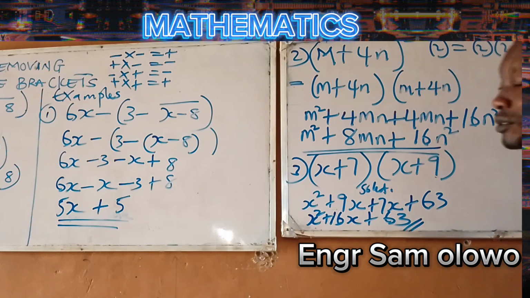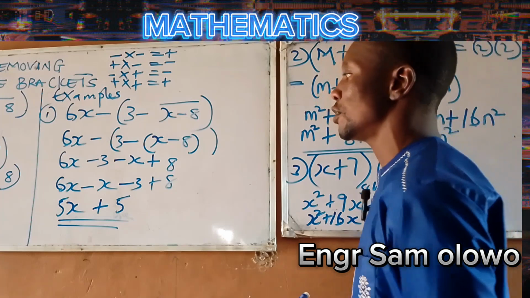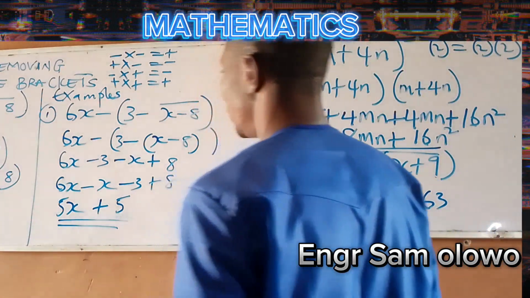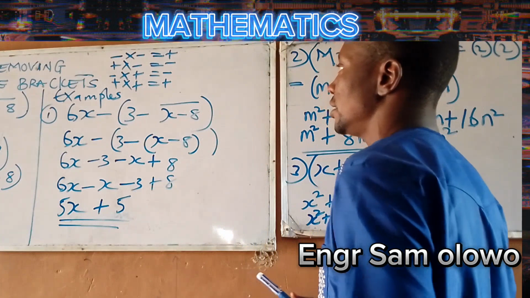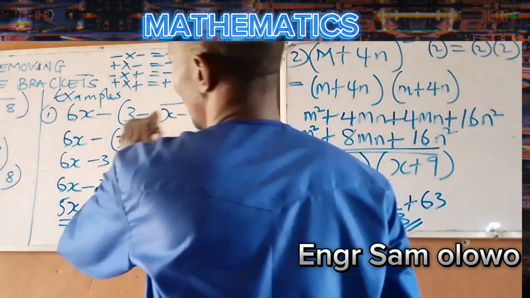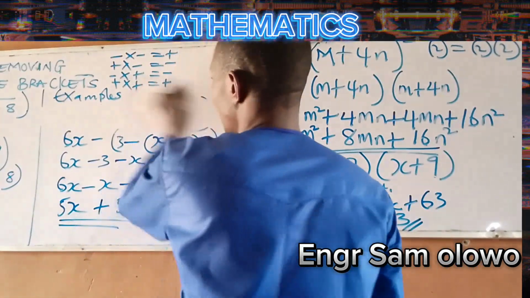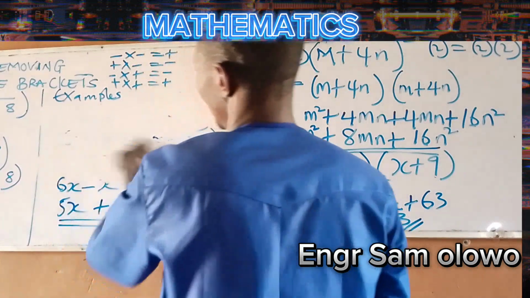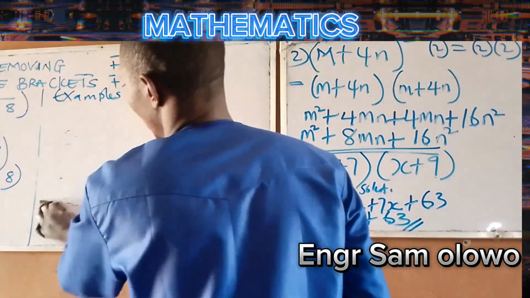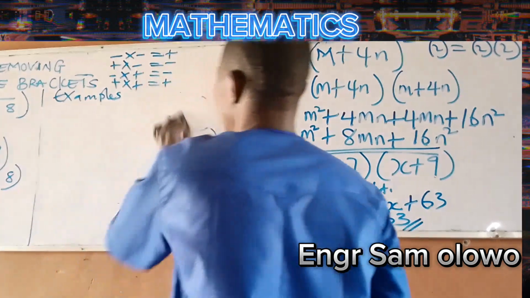The last question, which I'm going to leave for my viewers to solve, you can leave your answer in the comment section. Permit me to clean the first question here so that I can write the assignment for you.